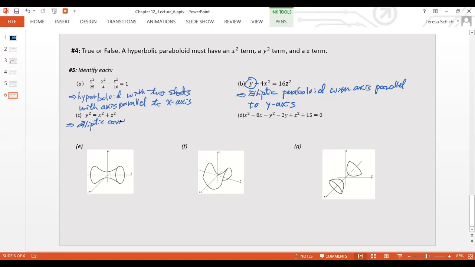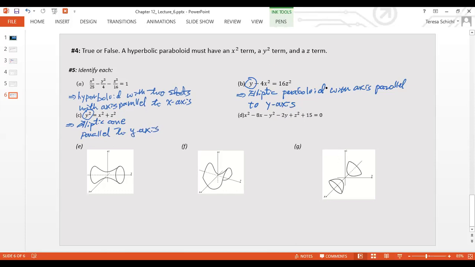And which axis is it parallel to? Because y is in here, it's parallel to the y-axis here.